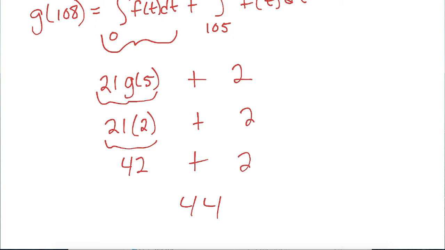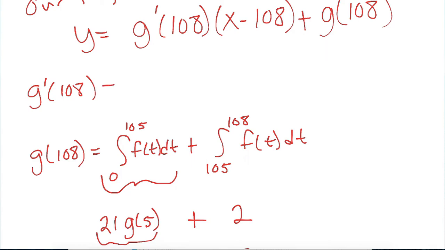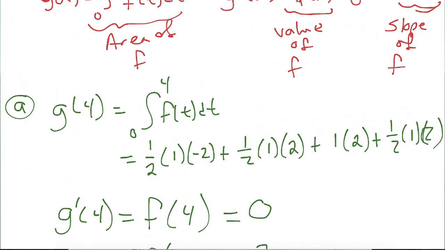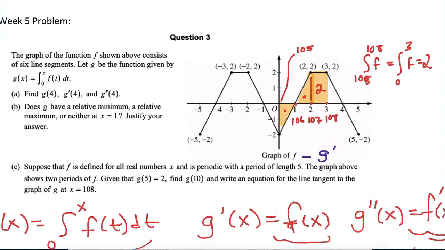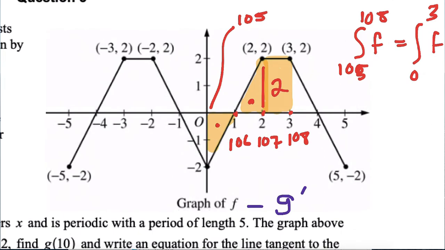Now that's the value of g of 108. Now, g prime of 108 is the same thing as f of 108. But if you remember from our work just a minute ago, 108 is also the same as 3.